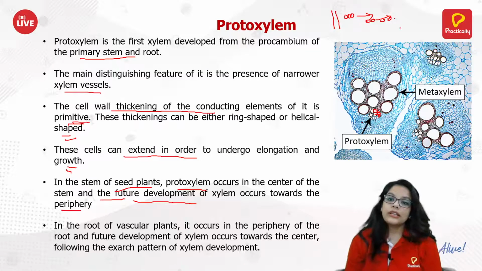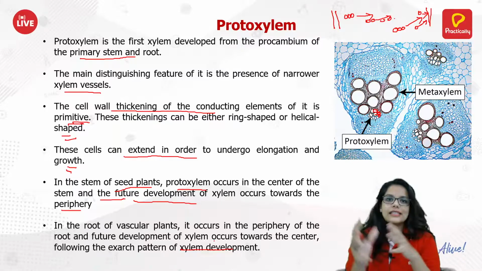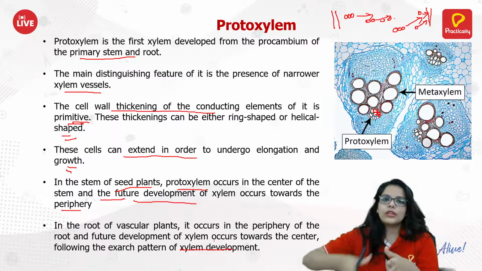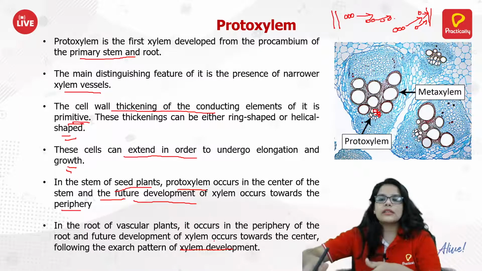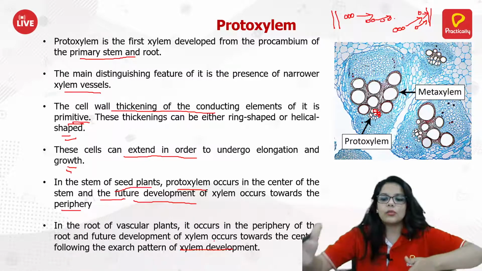But in the roots it is just the opposite. It develops at the periphery and grows towards the center, following exarch xylem development. So in the stem it grows from the middle to the periphery, and in the roots from the periphery to the middle.